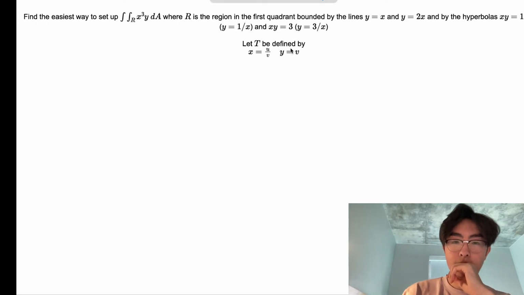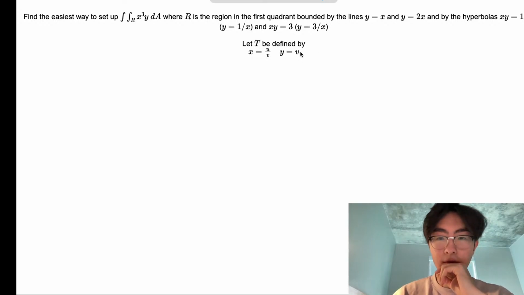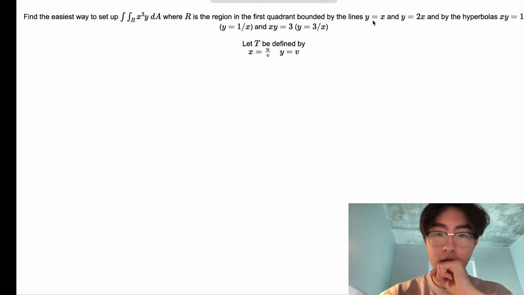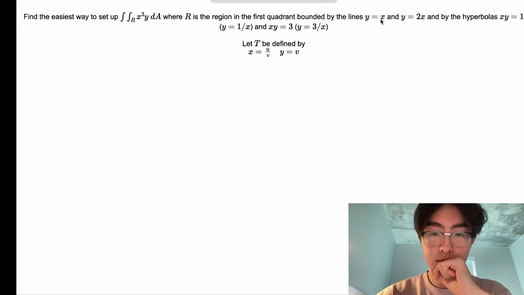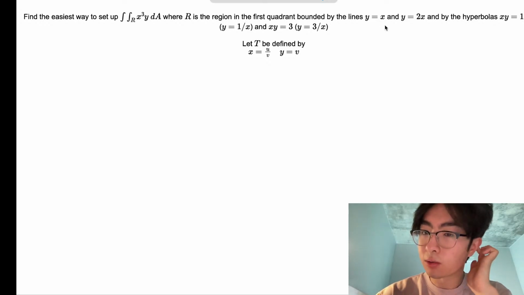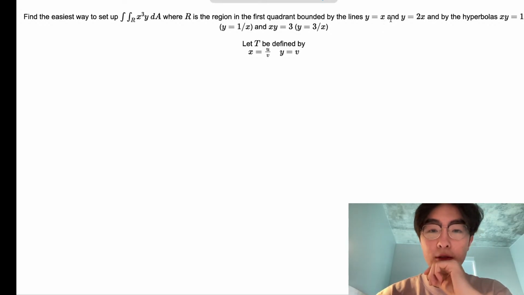Alright, so if we let v is equal to u times v, that means v squared is equal to u. So u is equal to v squared. Then we also have y, so v is equal to 2 times u over v.